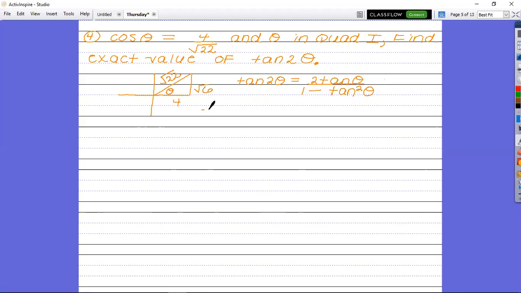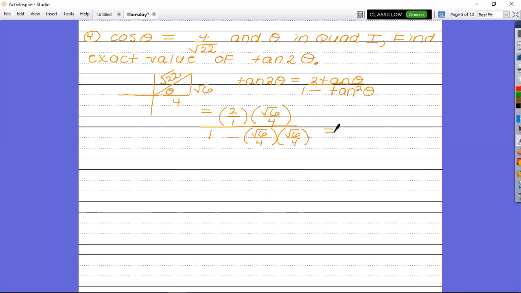All right, so I'm going to plug in, and I do 2 over 1, and then tan of theta is opposite over adjacent, and then the bottom is going to be 1 minus tan squared. So that would be square root of 6 over 4, square root of 6 over 4. And the bottom is the part you can type in the calculator because the radicals go away.